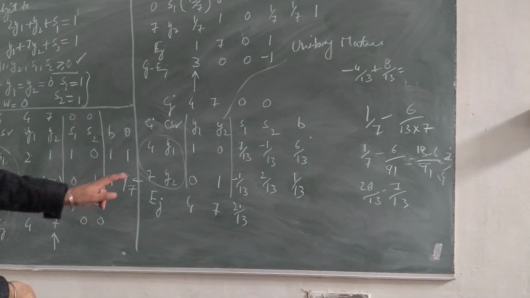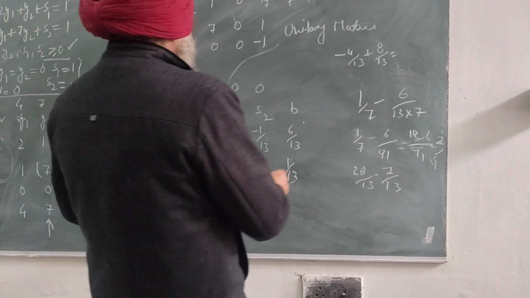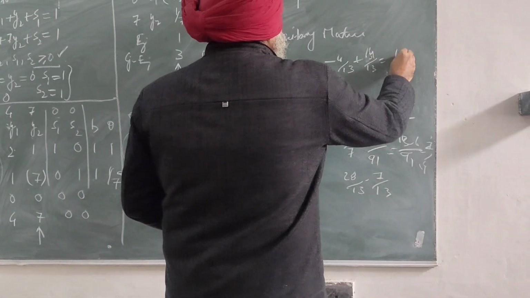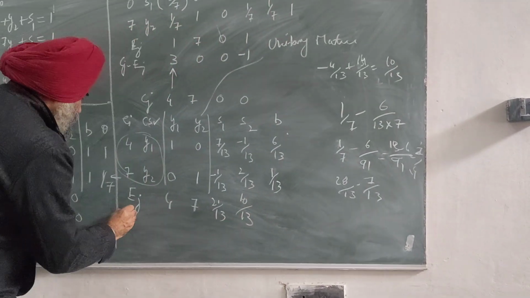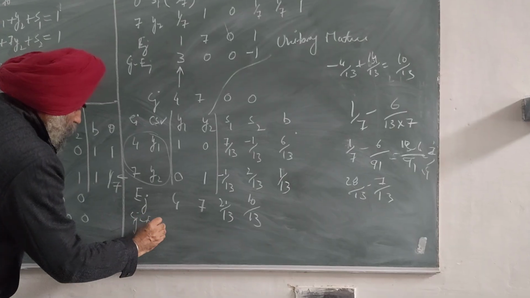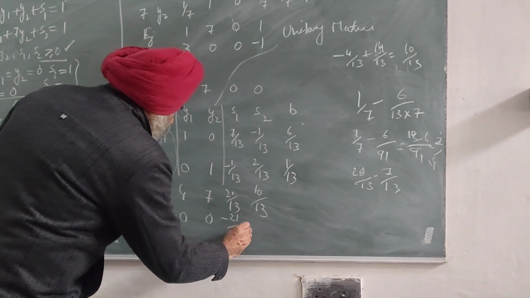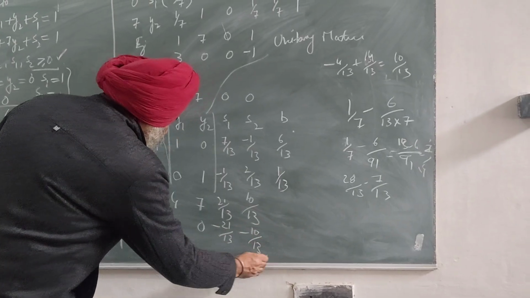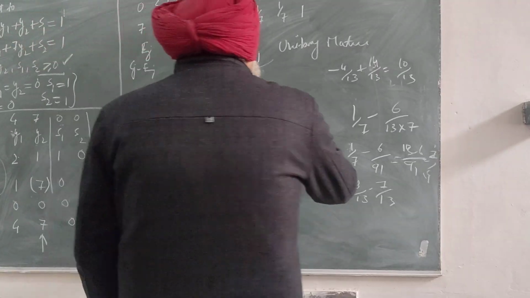Here, if you get it here, this is minus 4/13. This is 14 over. This is 10/13. And Cj minus Ej. If you look at here, this is 0 here. This is 0 here. Minus 21/13. This is minus 10/13. All values are 0 and negative. The solution obtained is the optimal one. This is the optimal solution.